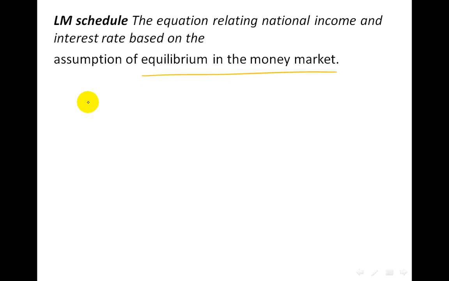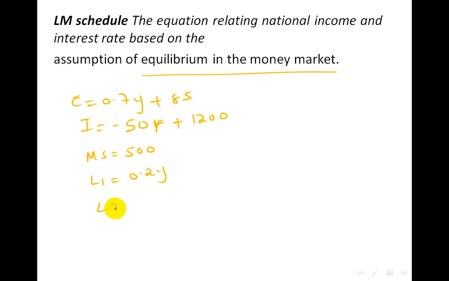Now I'll give you a question that I want you to try by yourself. Okay, so C equals to 0.7y plus 85, I equals to minus 50r plus 1200, MS equals to 500, L1 equals to 0.2y, L2 equals to negative 40r plus 230, and you're asked to work on the equilibrium level of y and r.